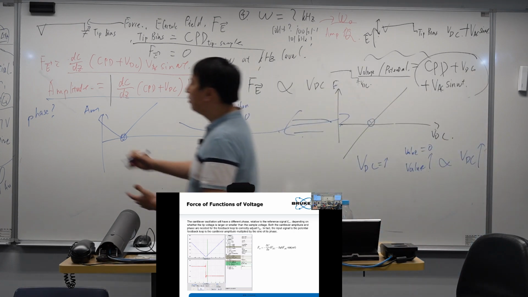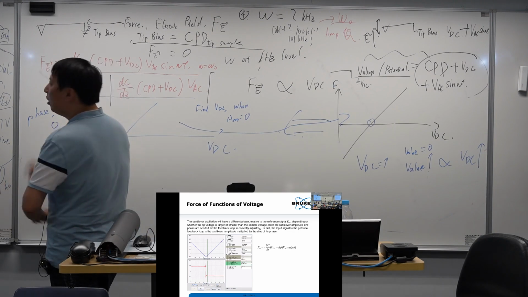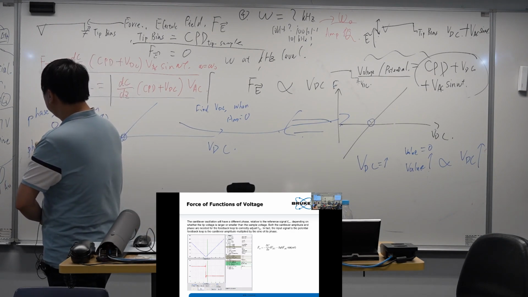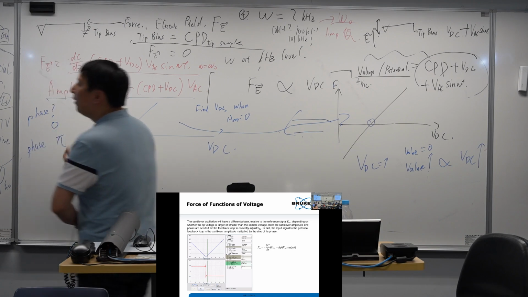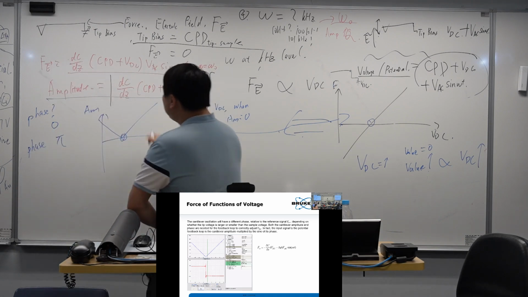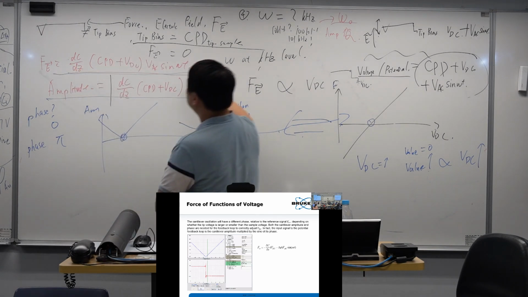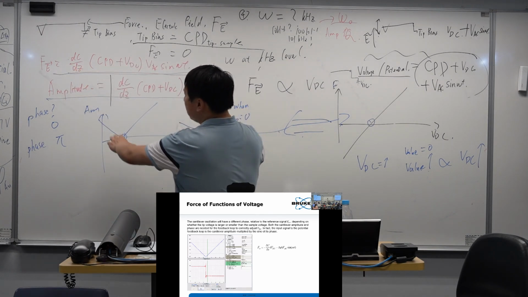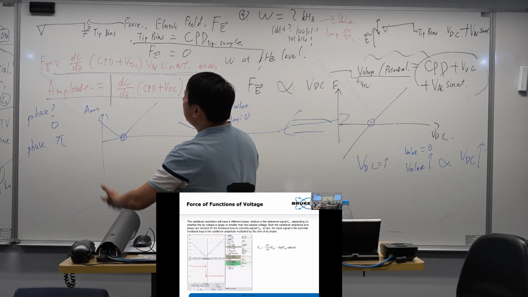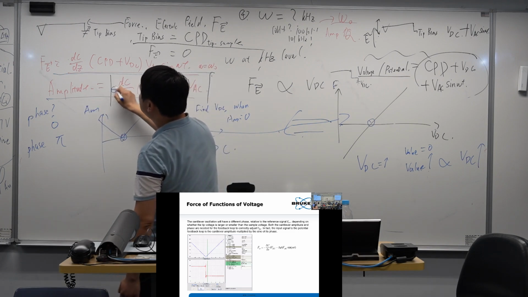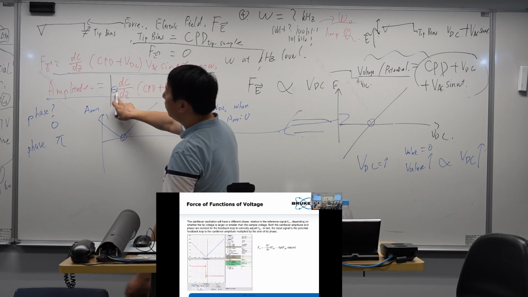One phase value is 0, another phase value is pi, right? Because the force is something like this. So once the amplitude changes direction, you apply a negative charge here.